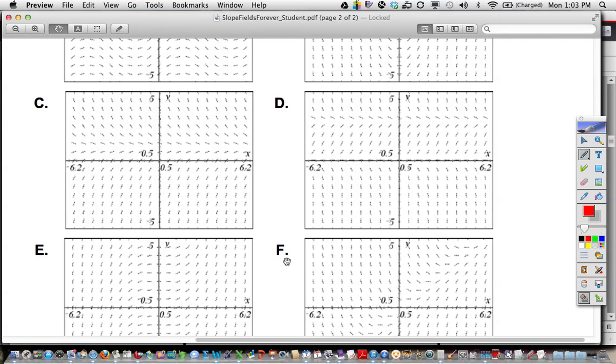So let's look at C. What is it about C that makes me realize it would have a y in it instead of an x in it, like what B had?